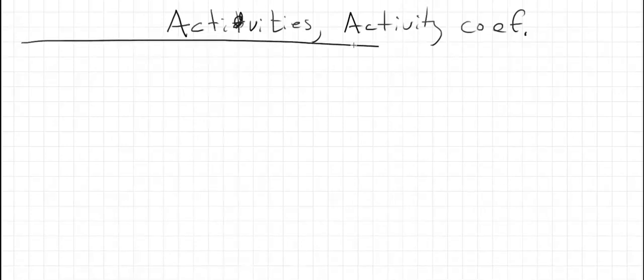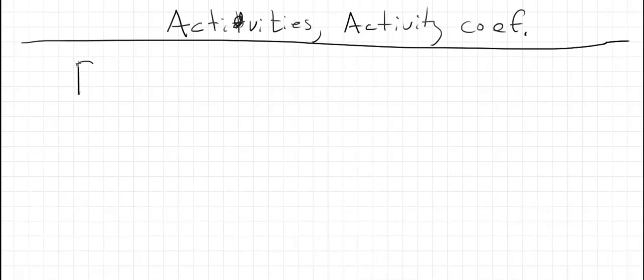All right. So how do we use activity coefficients? Well, basically the activity replaces the mole fraction. So we can rewrite that the vapor pressure is equal to the pure vapor pressure, but instead of multiplying by the mole fraction, which is a form of concentration, we multiply by the activity.